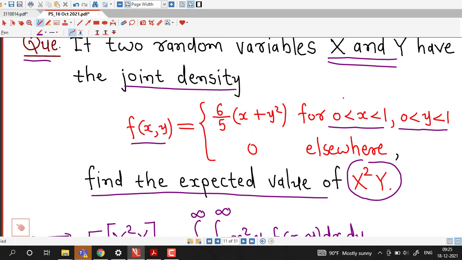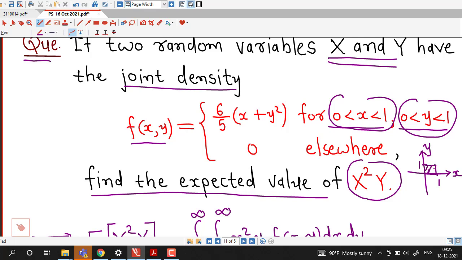Now the joint density function is non-zero for values of x between 0 and 1 and values of y between 0 and 1. That means if we consider this two-dimensional plane, with distance 1 on the x-axis and distance 1 on the y-axis, then x lies between 0 and 1 and y lies between 0 and 1.